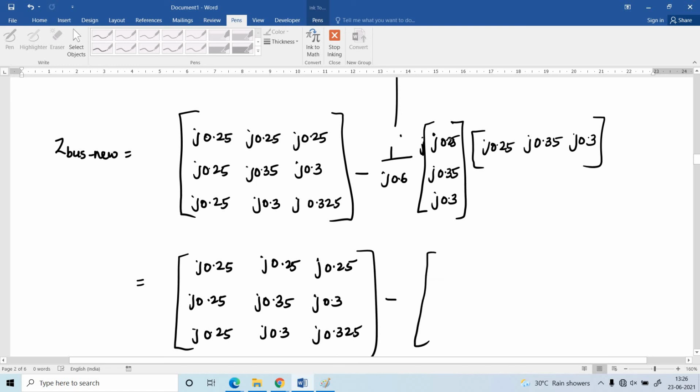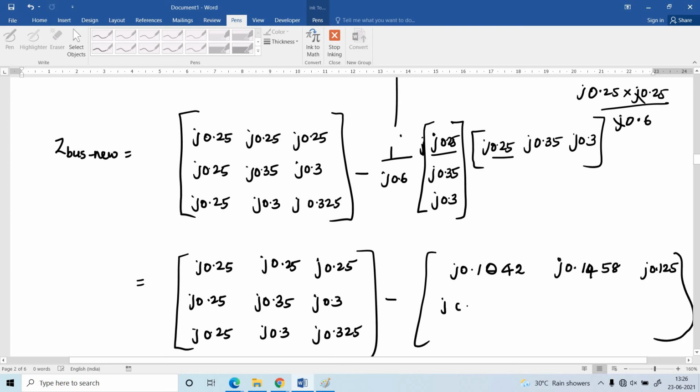First of all, I am going to multiply j0.25 into j0.25. Then I am going to divide it by j0.6. So multiplying, I cut this and I get the answer j0.1042. And here j0.1458 and then j0.125.